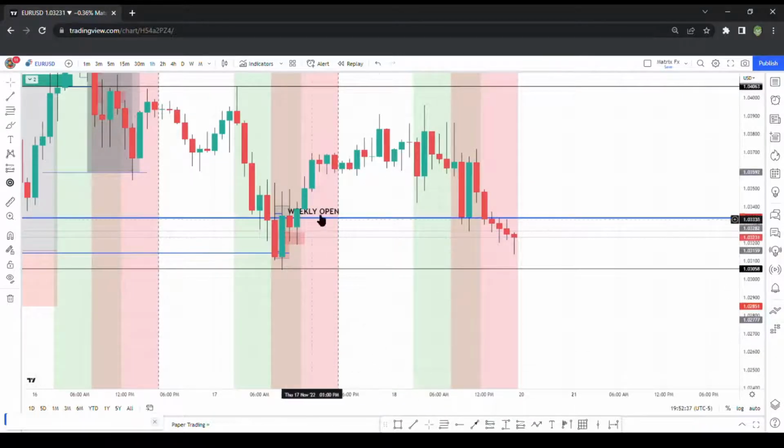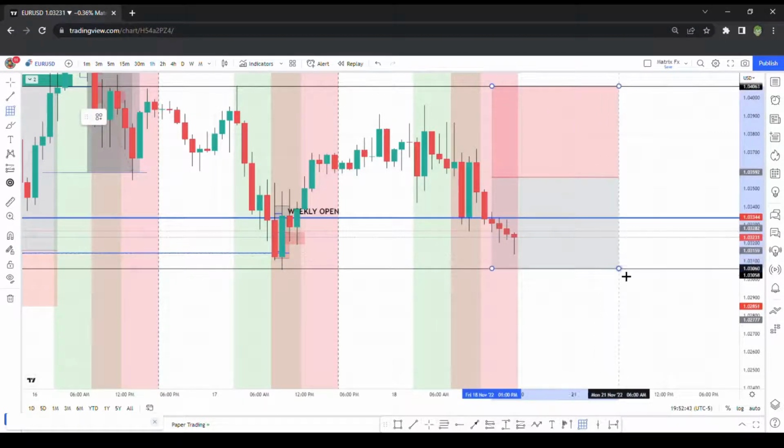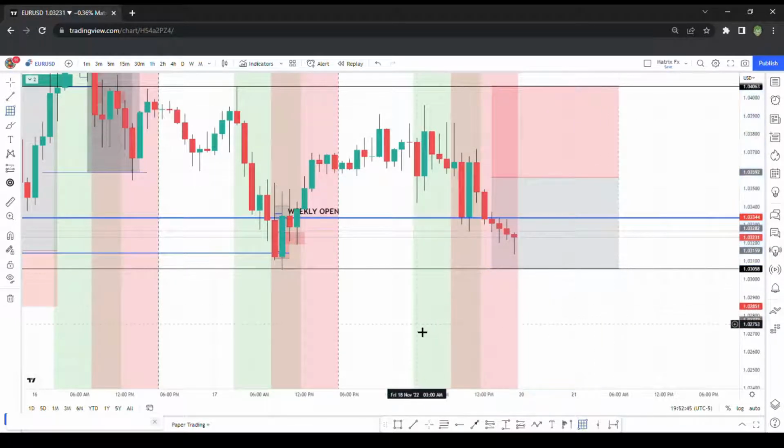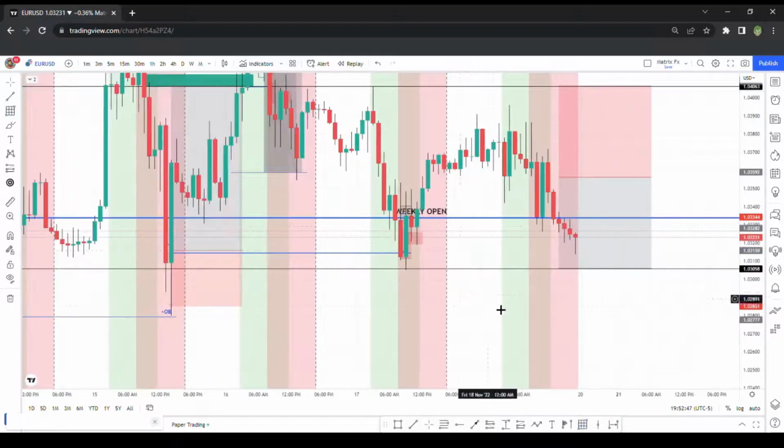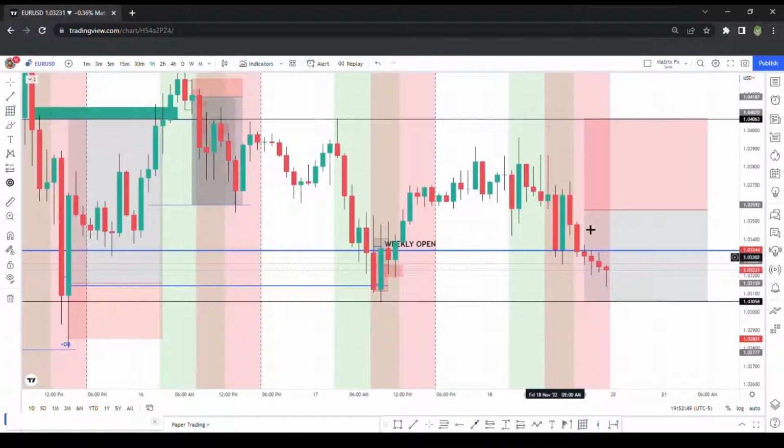With this range, this is the weekly open, just so you know. What I did was draw my premium to discount to know where I was. After getting the premium to discount, I noticed something, that this right here is another order block.